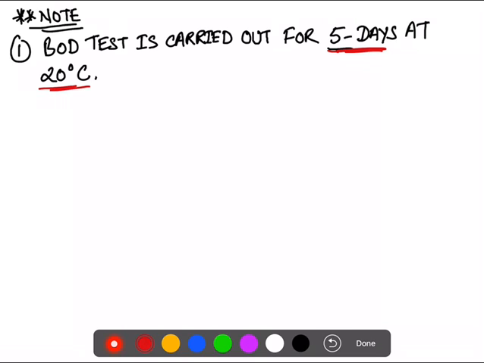It is because theoretically BOD is a test which takes infinite time to complete the oxidation of carbonaceous material. But we cannot wait that long.